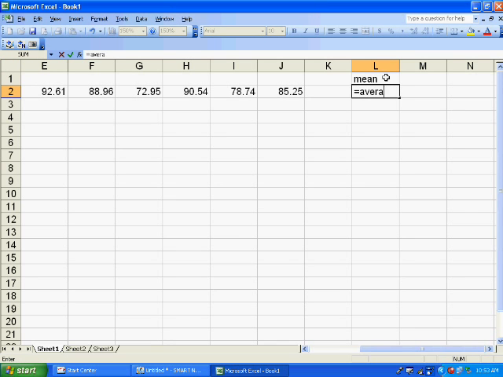So that's equals average A2 colon J2. Okay, here we need the standard deviation. And that's equal to STDEV A2 colon J2.